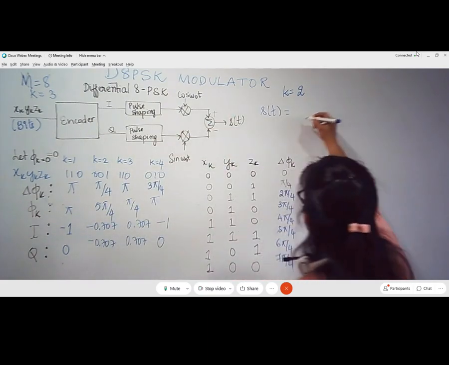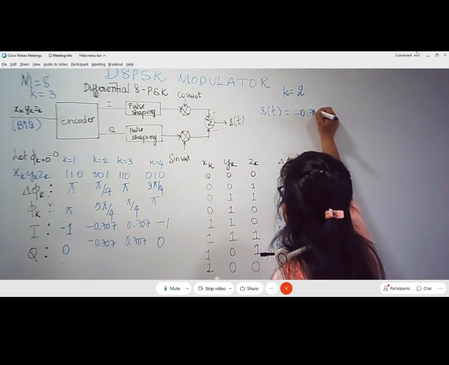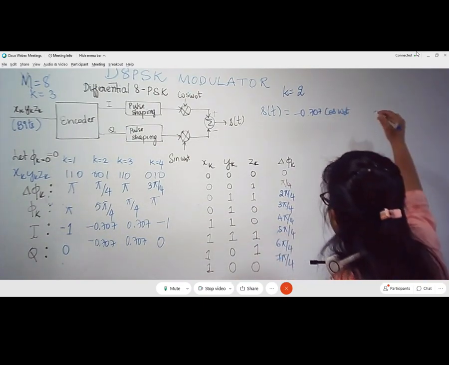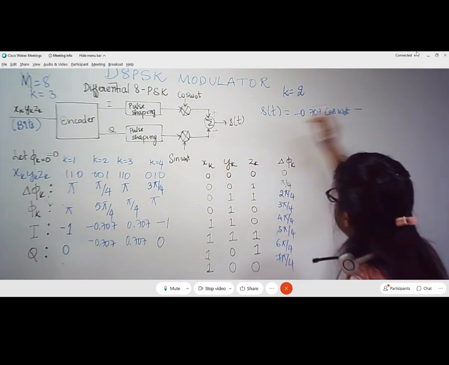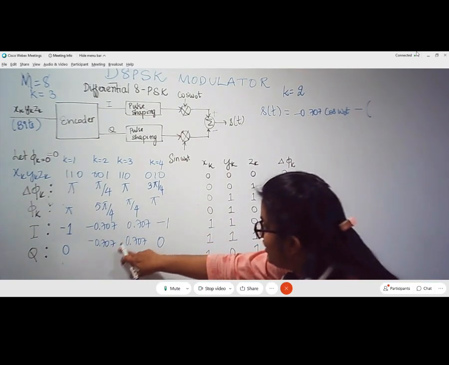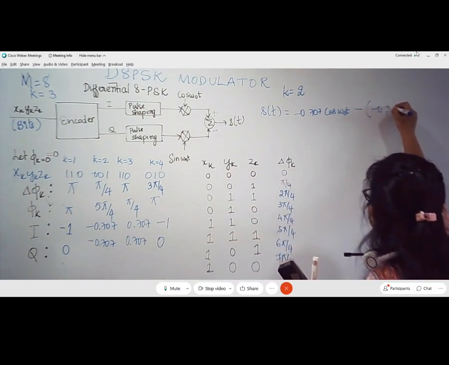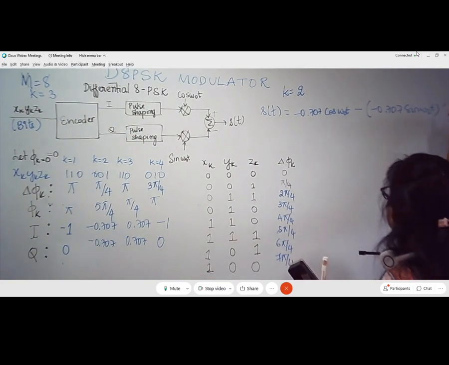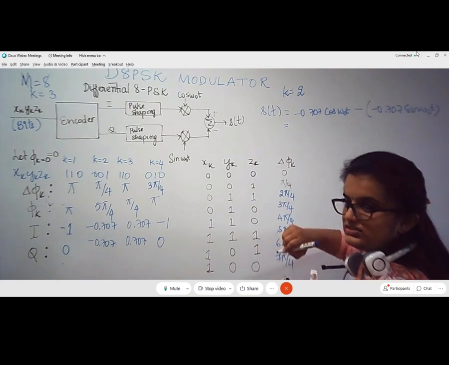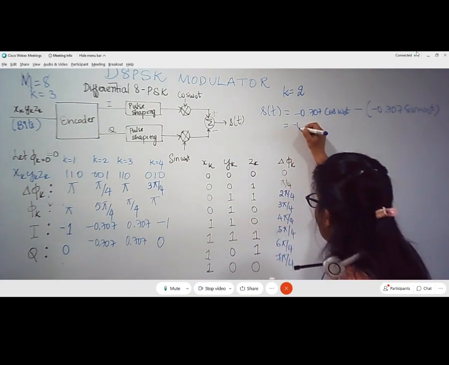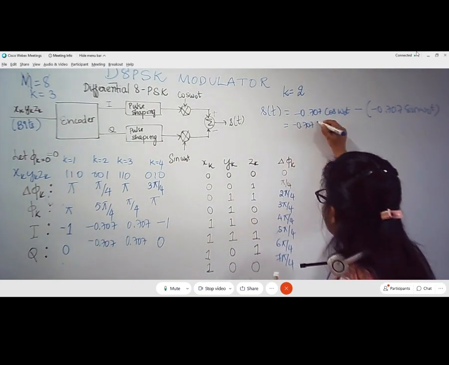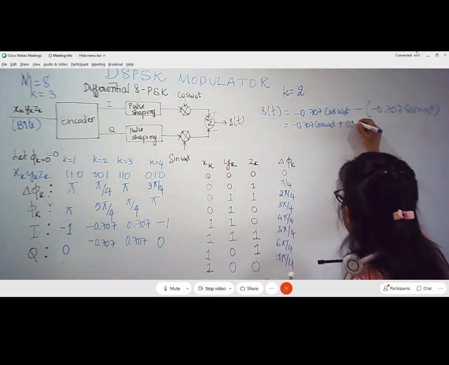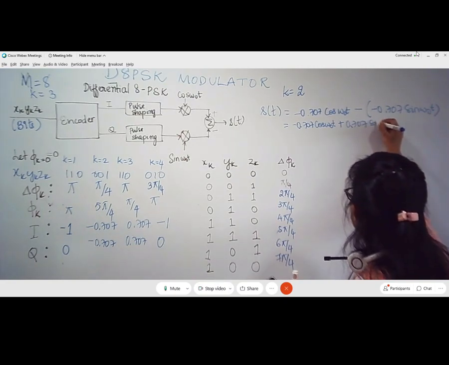I value is -0.707, multiplied with cos omega naught t, then subtract, what is the Q value? -0.707, that will be multiplied with sine omega naught t. So whatever symbol we are going to transmit, the waveform will be of this form, plus 0.707 sine omega naught t.